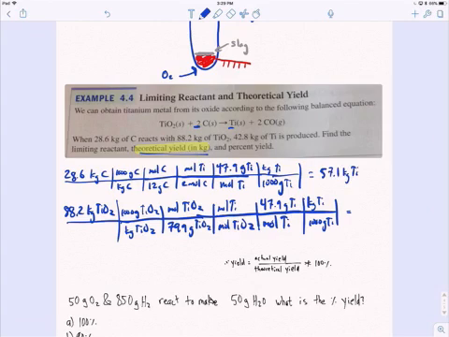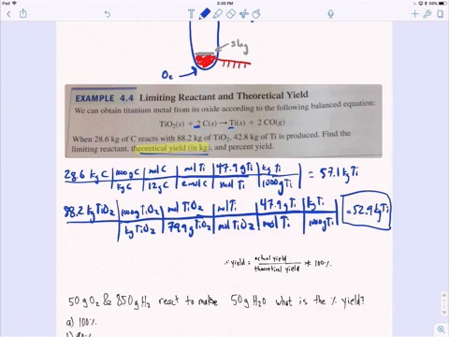And then the bottom one, 52.9. So that means that the limiting reagent is titanium dioxide, and the theoretical yield is 52.9.